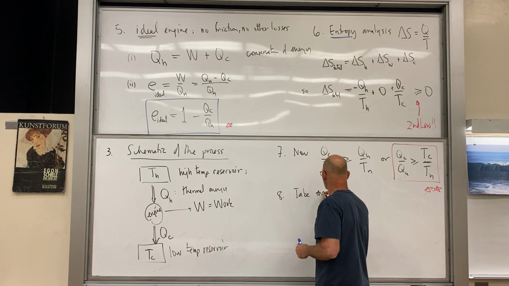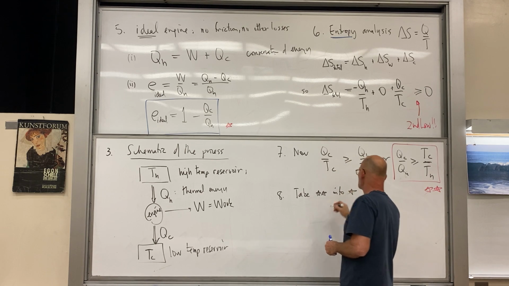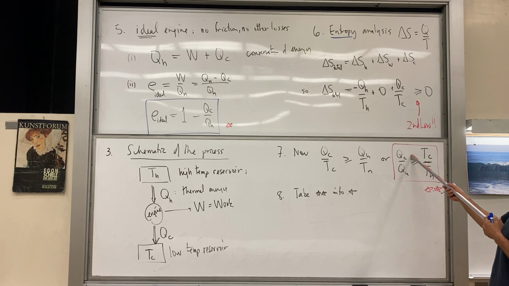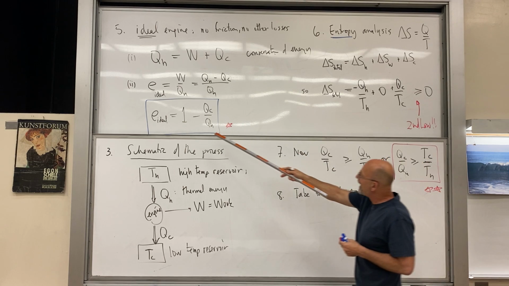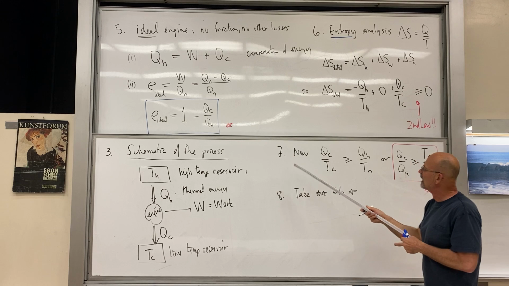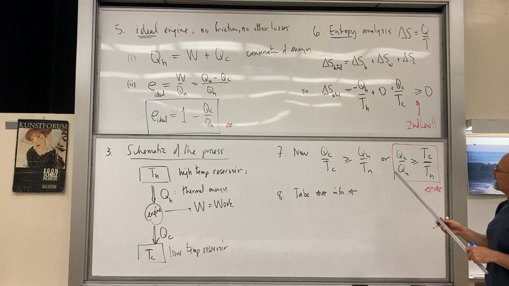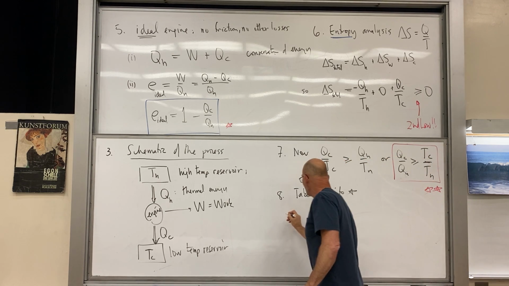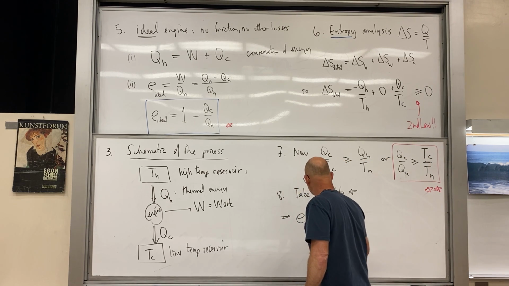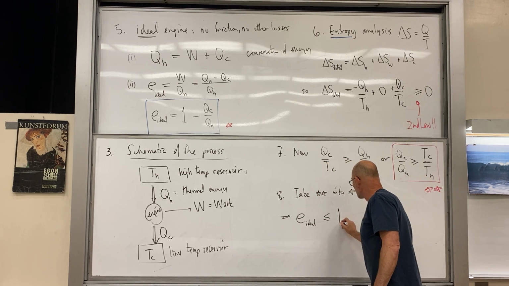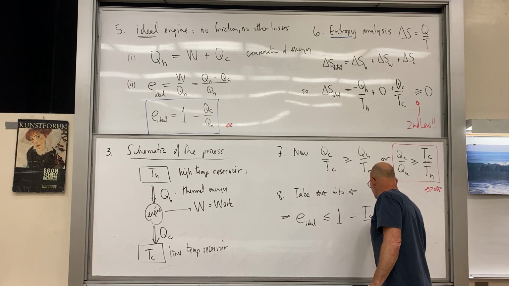Take double star into equation star, and I have a greater than or equal to Q C over Q H greater than or equal to T C over T H. So 1 minus Q C over Q H is less than or equal to 1 minus T C over T H. So the combination of these two equations tells me that E ideal is less than or equal to 1 minus T C divided by T H.